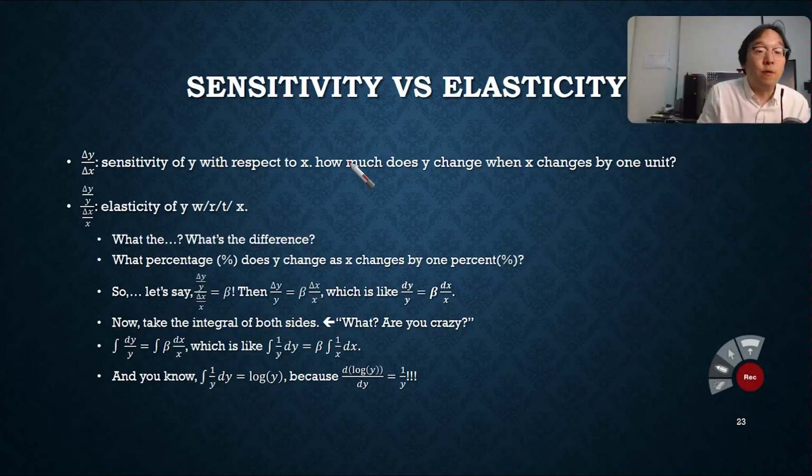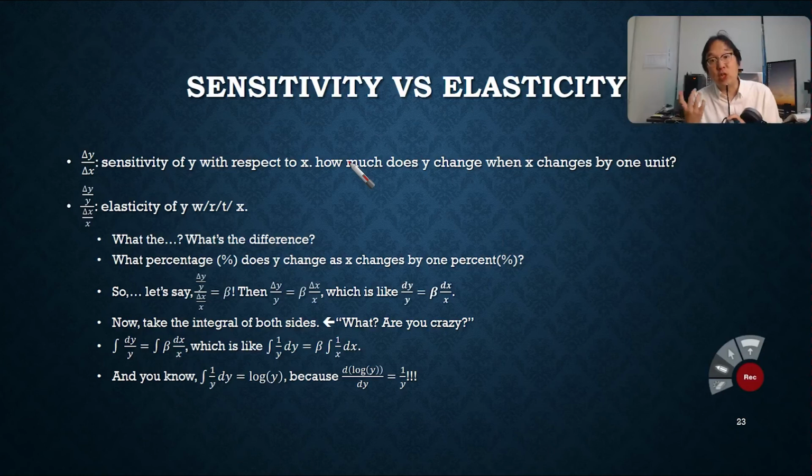Delta y over delta x. So y variable, x variable, delta y over delta x, rise over run kind of issue, right? Sensitivity of y with respect to x, we call it this way. How much does y change when x changes by 1 unit? That was sensitivity, right?